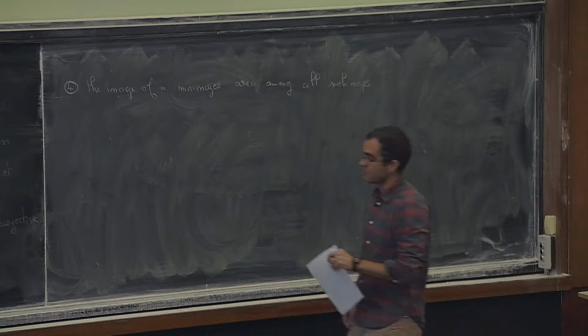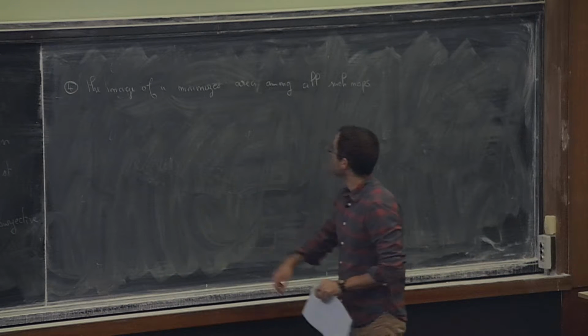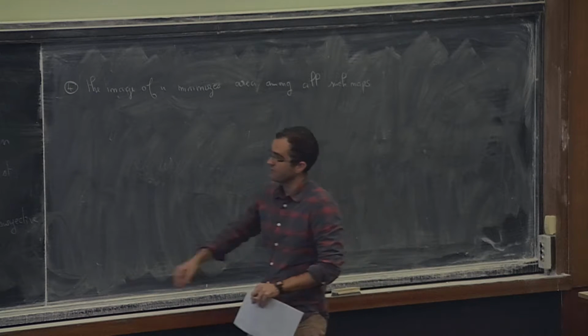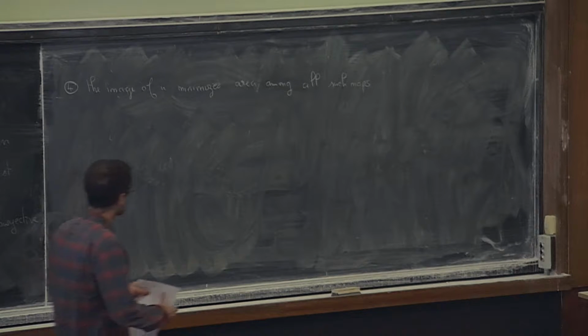So among all these maps, the U you obtain by this theorem gives you the minimum of the area.